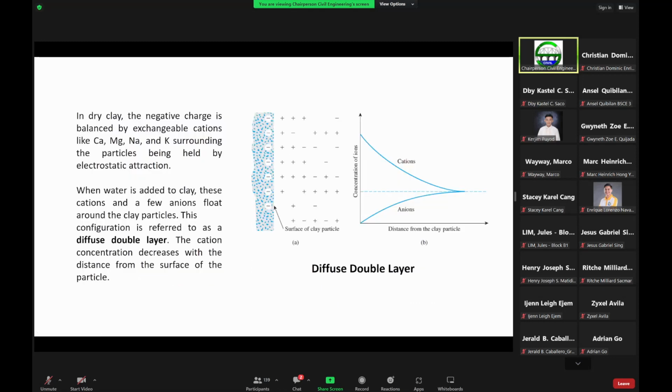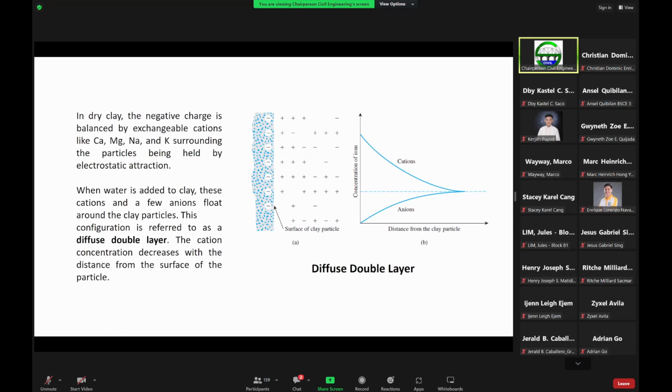Now in clays, there is what we call a diffuse double layer. Later on, if you want to do research on clays, you will have to deal with this diffuse double layer.